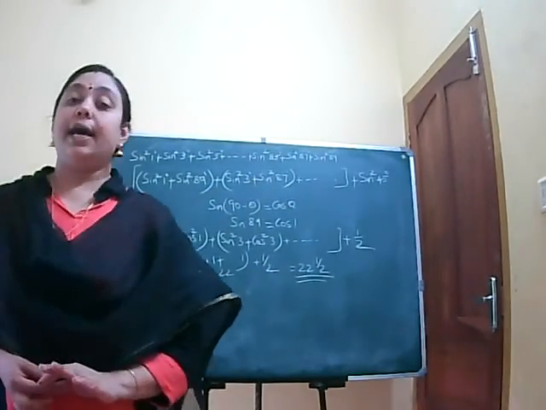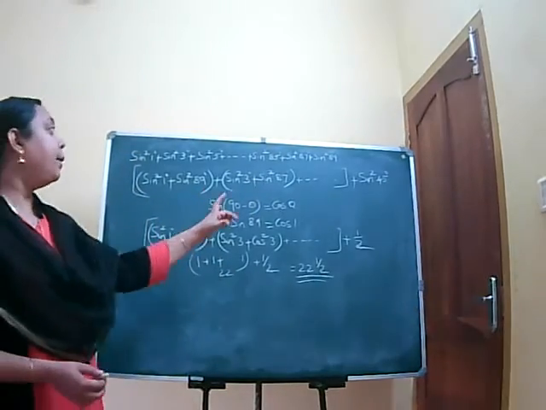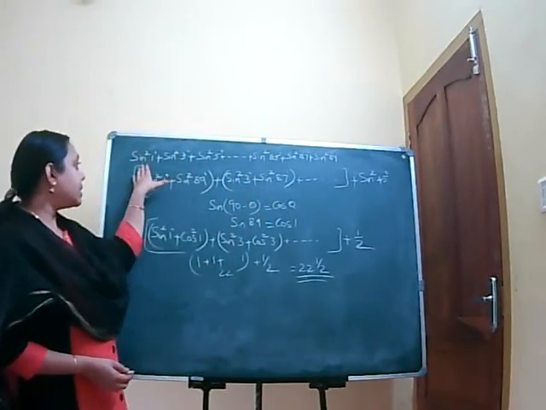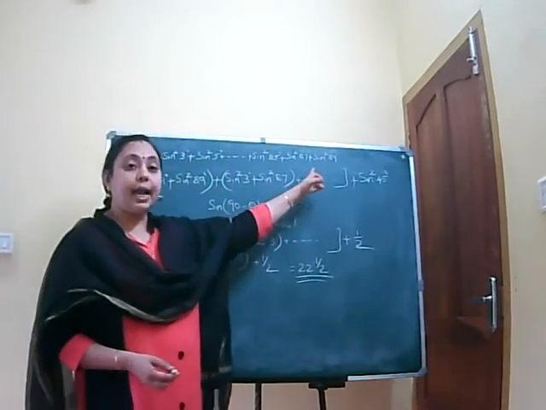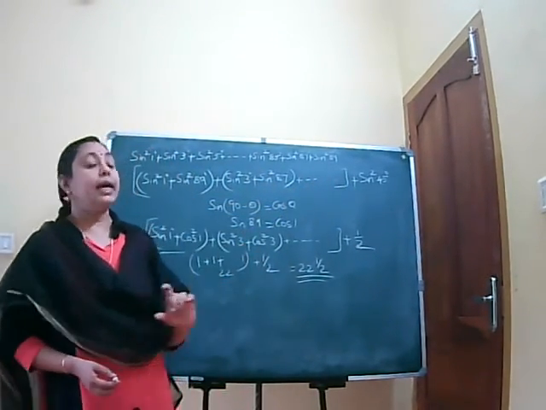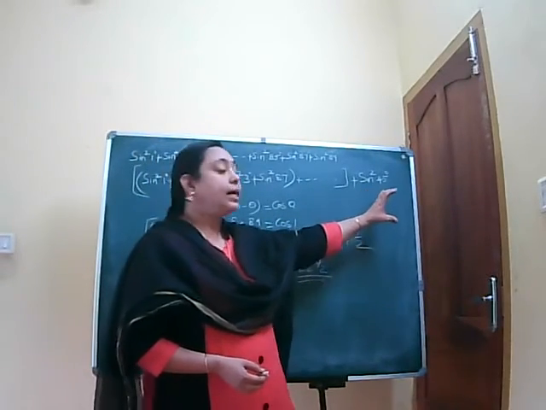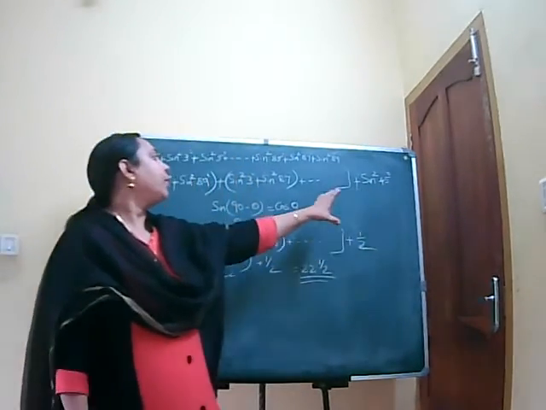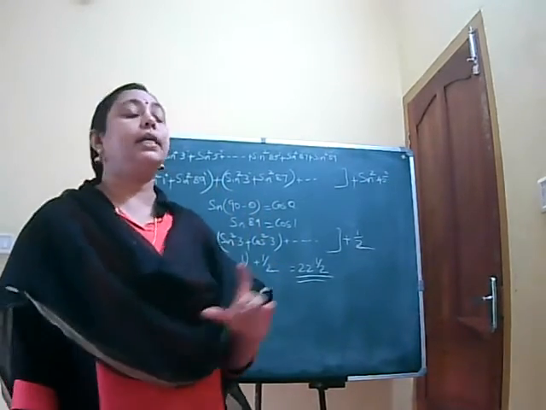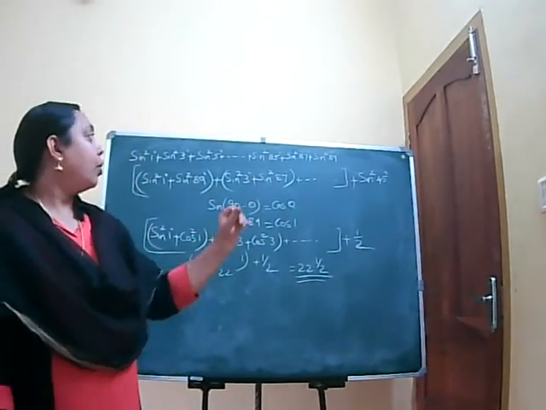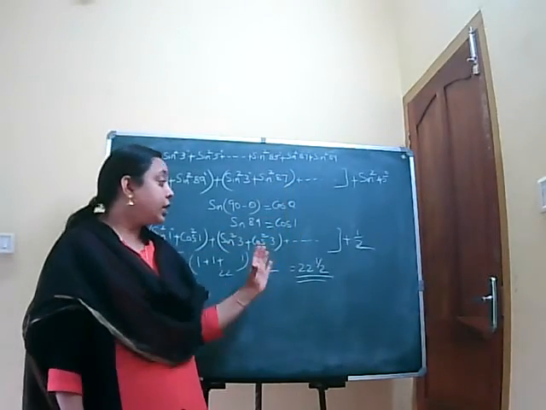Here we have just taken pairs as the first term plus the last term, second term plus the second last term. Then we get the middle term as unpaired. Now, since the number of terms in this expression is 45, we get 22 pairs.